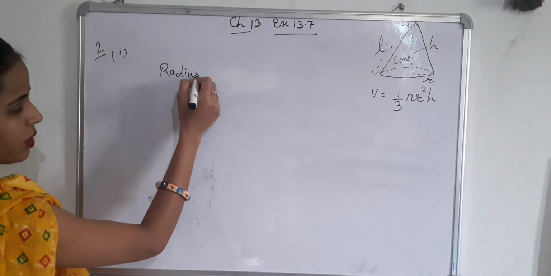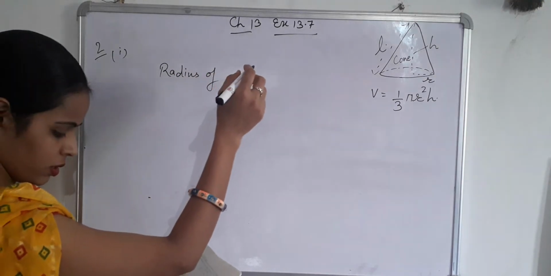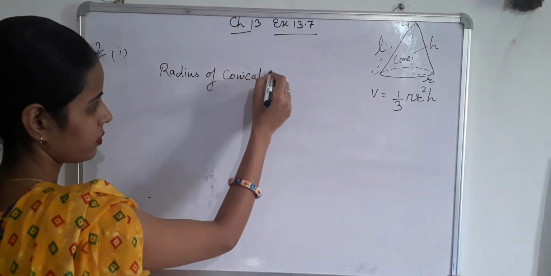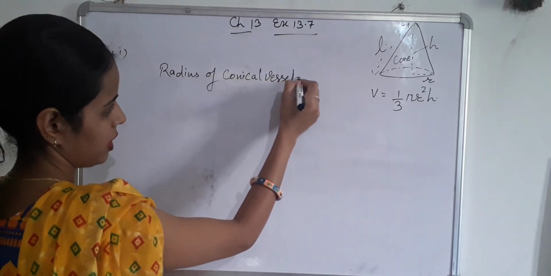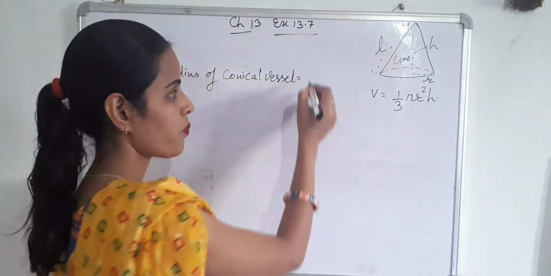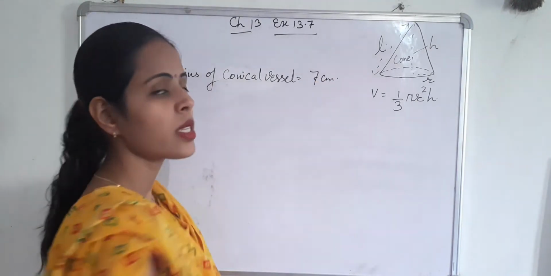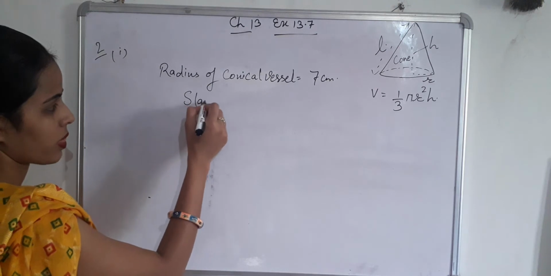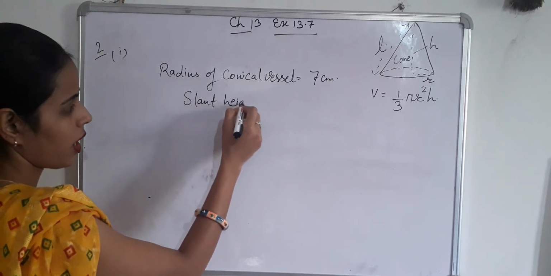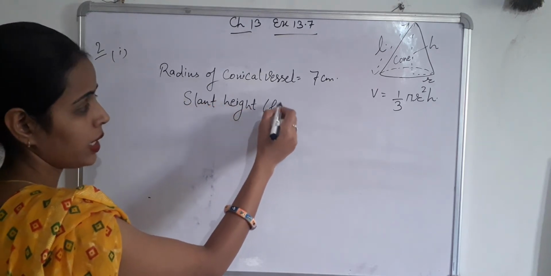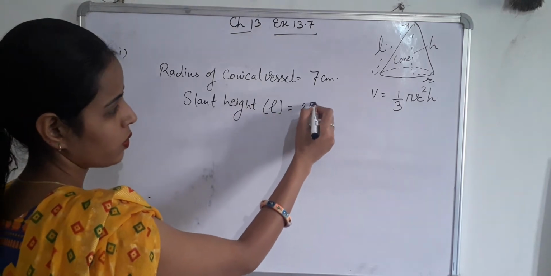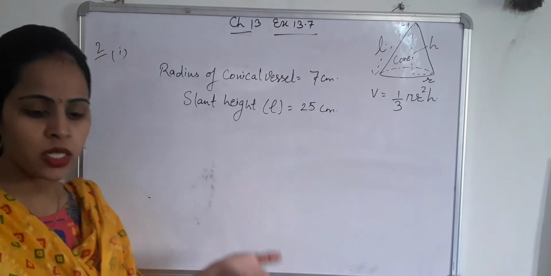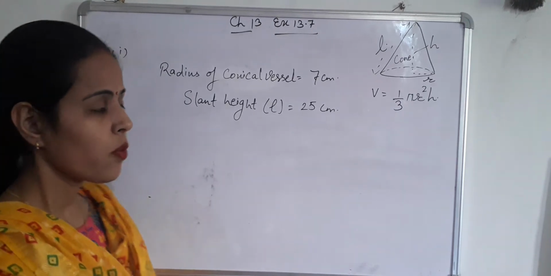Radius of conical vessel equals 7 centimeter, and slant height is given. Slant height denoted by l is equal to 25 centimeter. You have to find out the capacity. Capacity, you can say that volume. Find the volume.